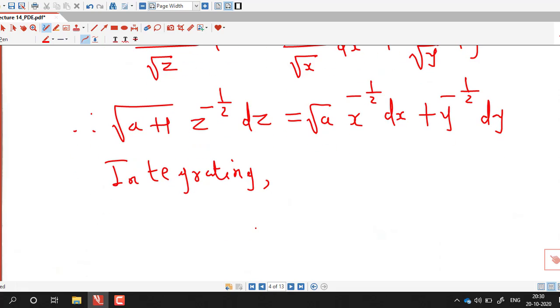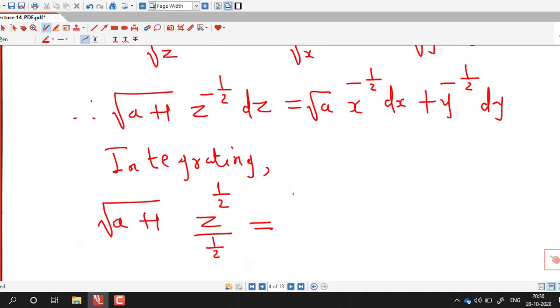Integrating, left hand side is under root (a plus 1) z raised to minus 1 by 2 plus 1, which is 1 by 2. So z to the power minus 1 by 2 plus 1 divided by 1 by 2.